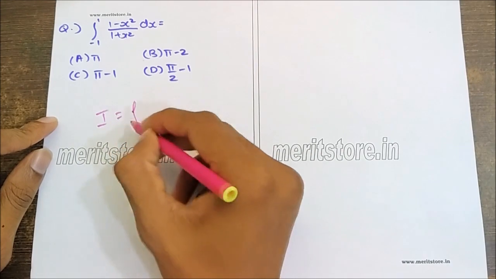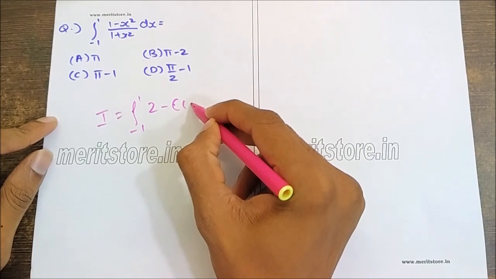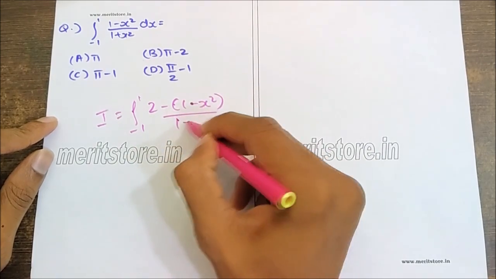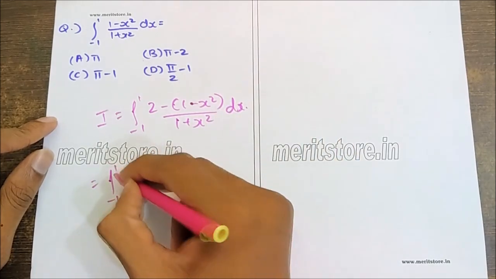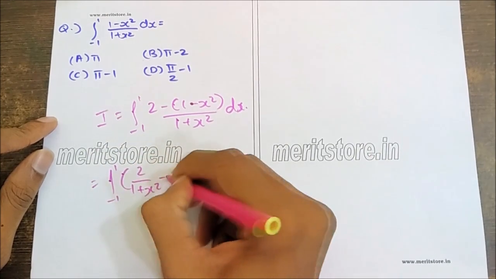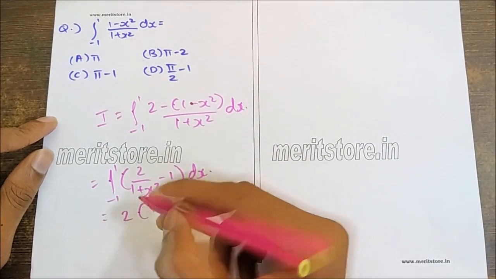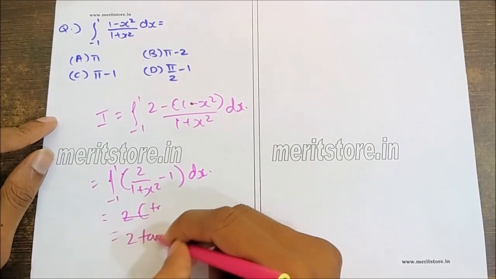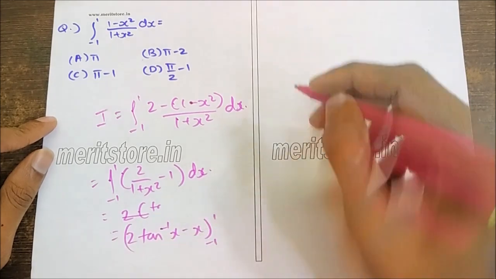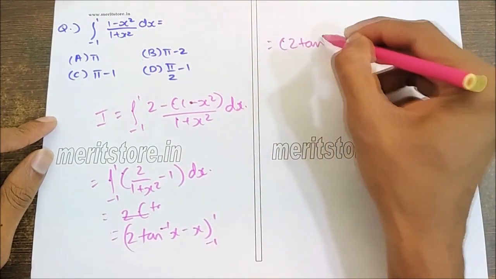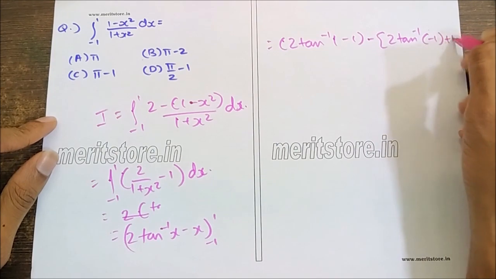We have integral of minus 1 to 1, we can write this as 2 minus of (1 plus x square), we make a fine adjustment in the numerator, upon 1 plus x square dx, where we can write this as integral minus 1 to 1 of 2 upon 1 plus x square minus 1 dx, which is equal to 2 into tan inverse x minus x from minus 1 to 1, which is equal to 2 of tan inverse 1 minus 1 minus of 2 tan inverse minus 1 plus 1.